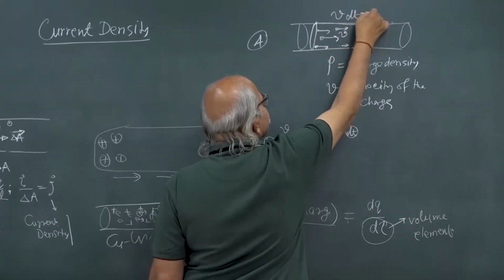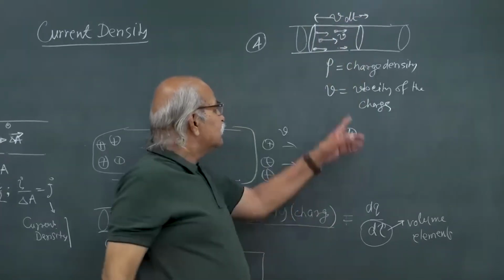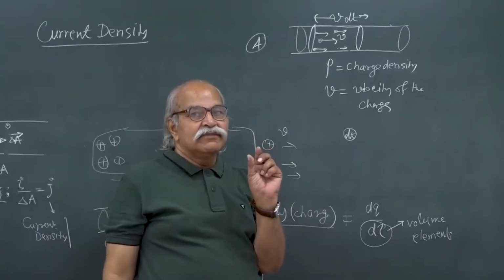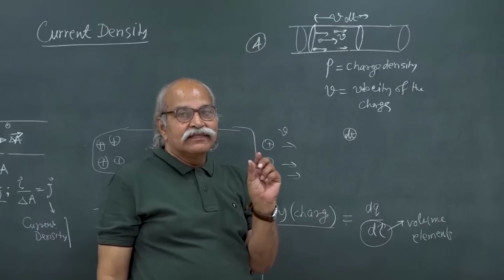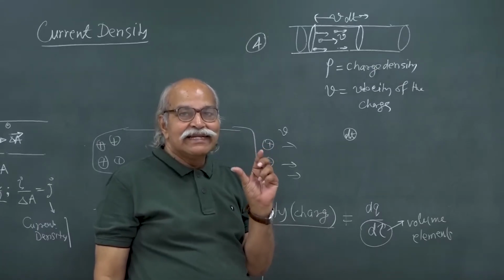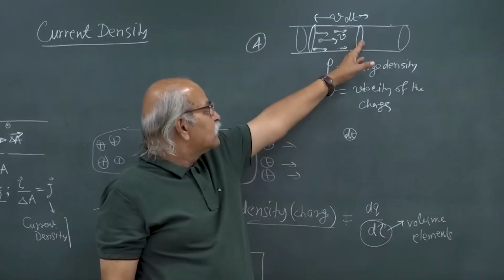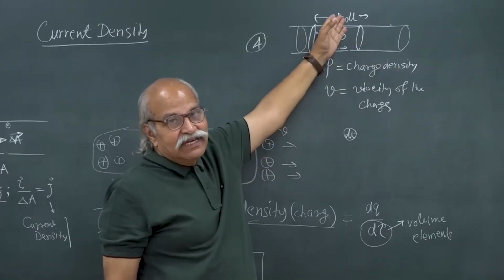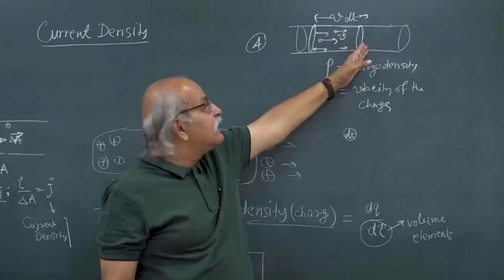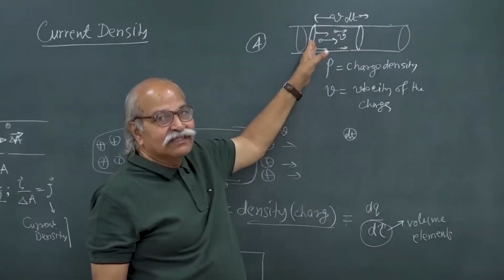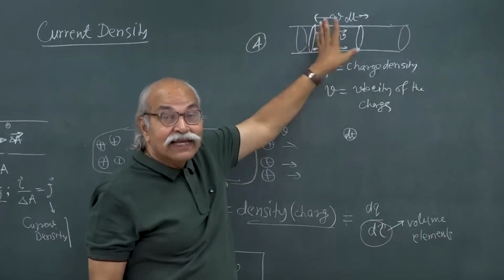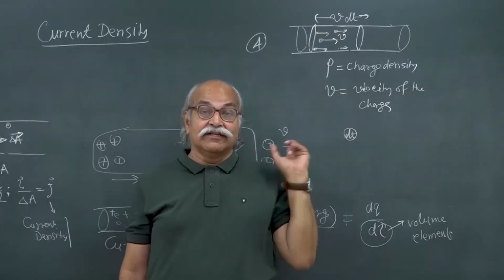So rho is given, V is given, and then we consider some time dt, and then V into dt will be a length. So here is one cross section, and behind that, at a V dt length, I take another cross section and look at this wire at a certain instant t.